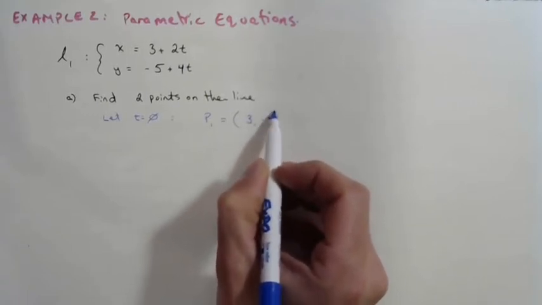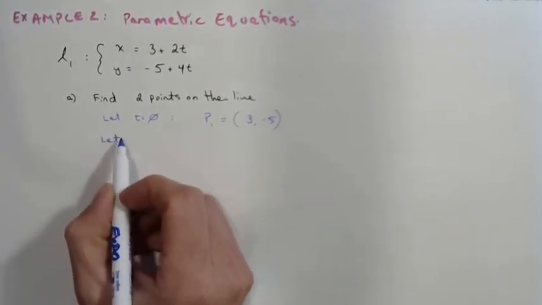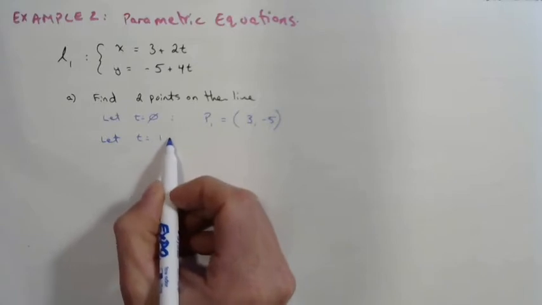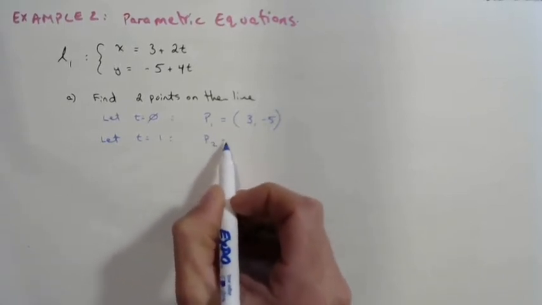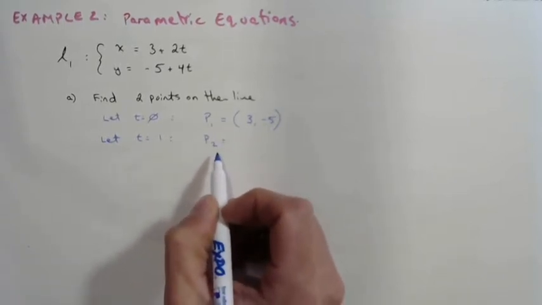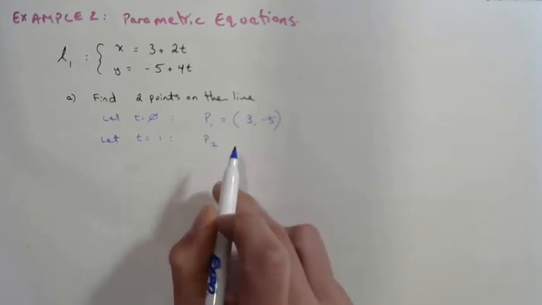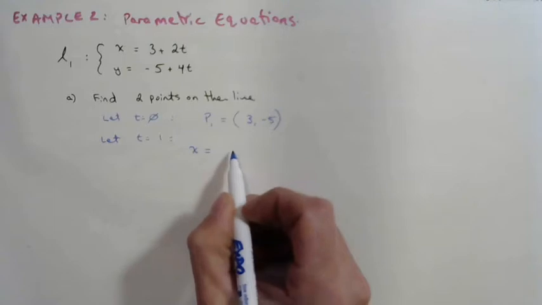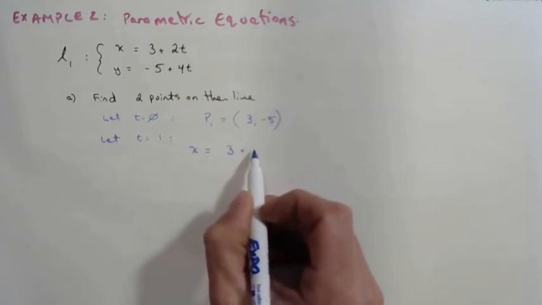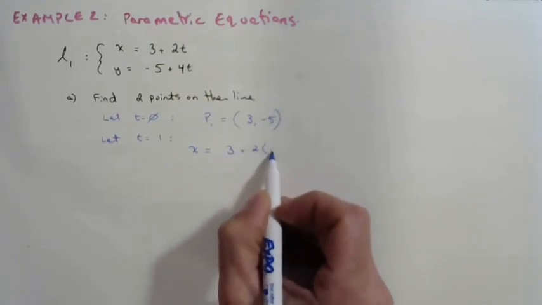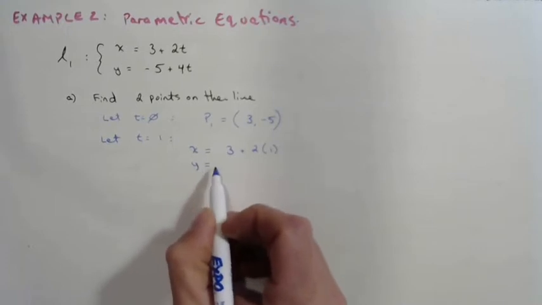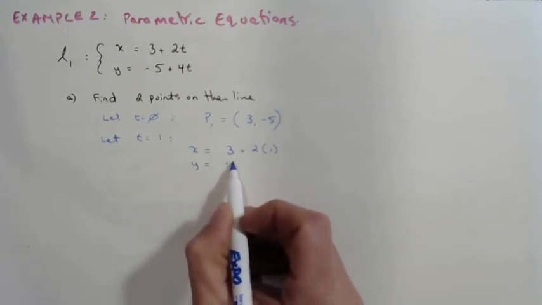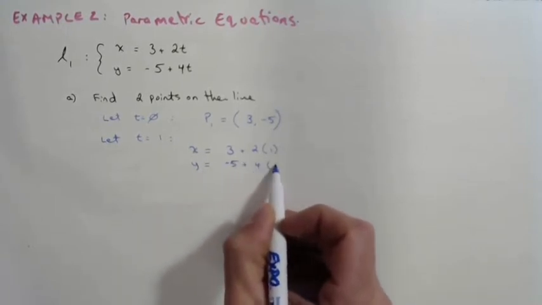Well, let t equal 1. Then the point P2, the second point on the line, would have an x component that is 3 plus t times 1, and a y coordinate of -5 plus 4 times 1.